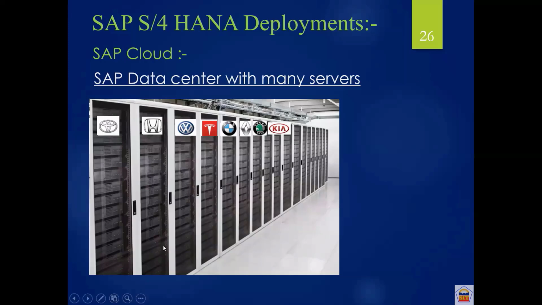Here you can see the example: we have the server for one company, two company, three company, four company, and so on, and all these companies' servers would be looked after by SAP only. All the servers are placed in an SAP data center. These data centers are located in cities such as Hyderabad, Bangalore, Bombay, Pune, or also Noida. So that is the private deployment option we have on the cloud.